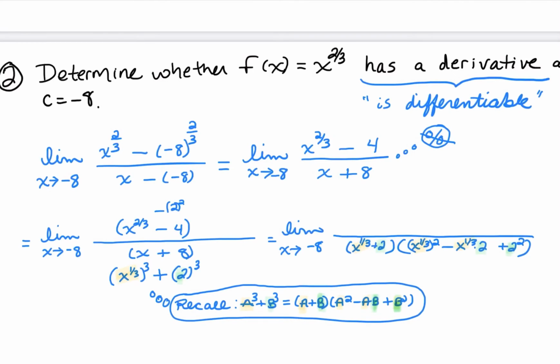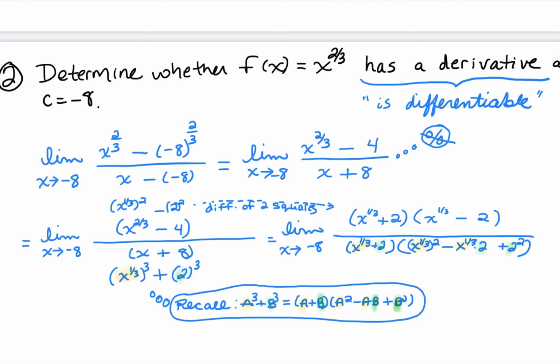And then we can rewrite the first term as x to the 1/3 squared. Then I think you're probably a little bit better with your difference of two squares. So that's going to factor into x to the 1/3 plus 2 times x to the 1/3 minus 2. So this is just factoring the difference of two squares.